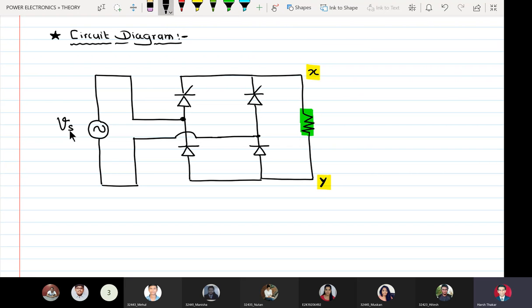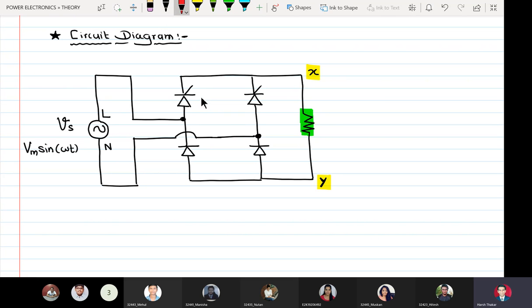We have our source voltage Vs, which is Vm sin omega t. This is our live, this is our neutral, specifically the two joints. And now the name.